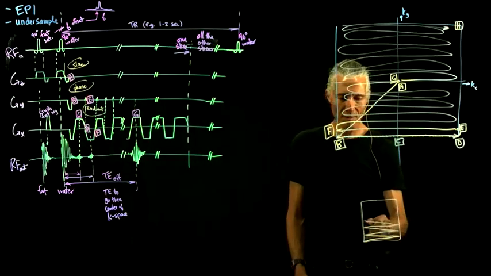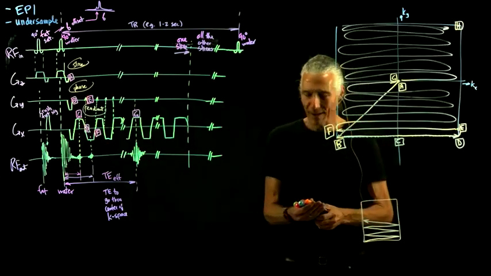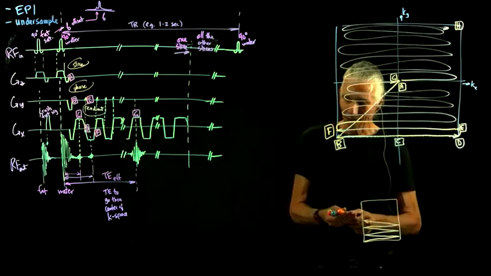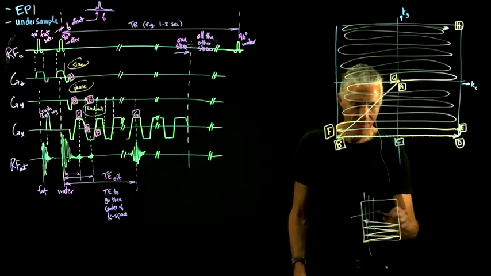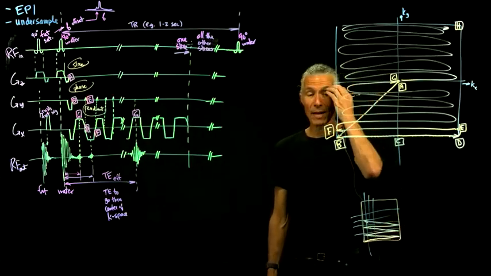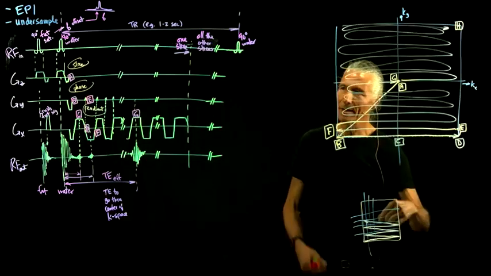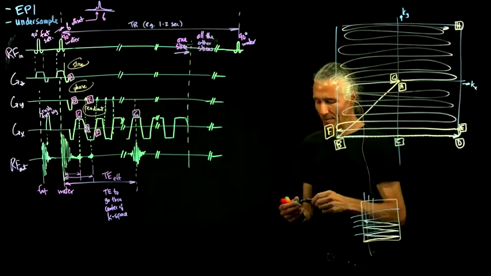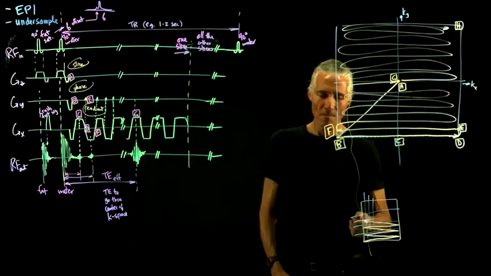The problem is that the Fourier transform wants a regular grid, but that's okay. You can resample those diagonal lines, interpolate them onto a grid, and then do your Fourier transform. It's a bit of a hassle, but a pretty straightforward thing to do.